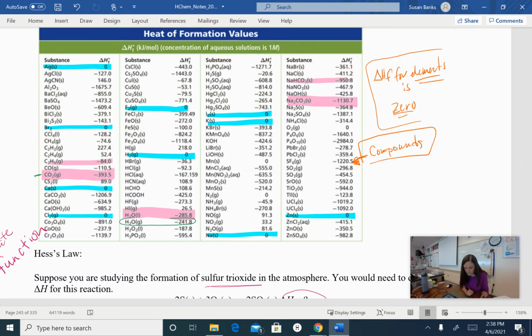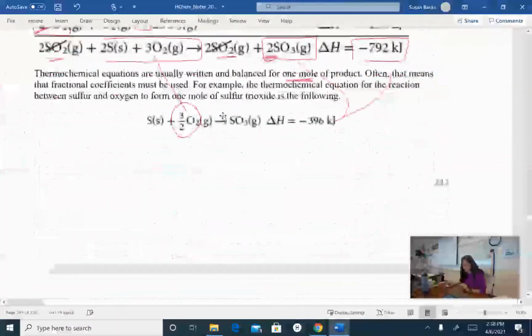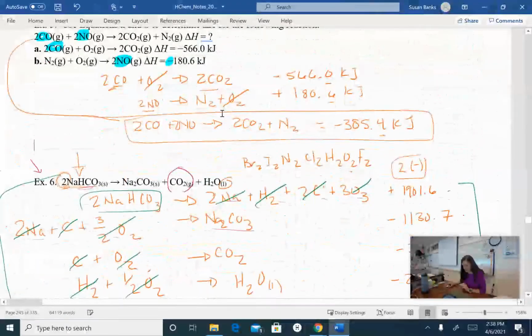Right there, ethane, negative 84, okay? And why am I not looking up the heat of formation for oxygen? Do you remember? Heats of formation for elements are always 0. So the oxygen is going to be 0. Okay, so here we go.